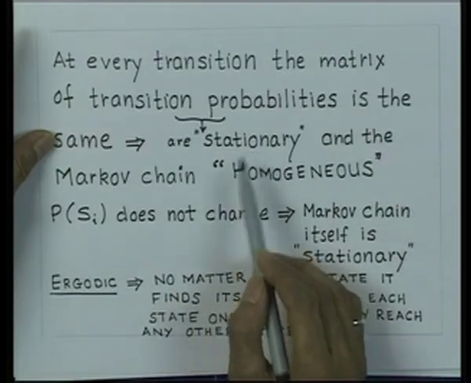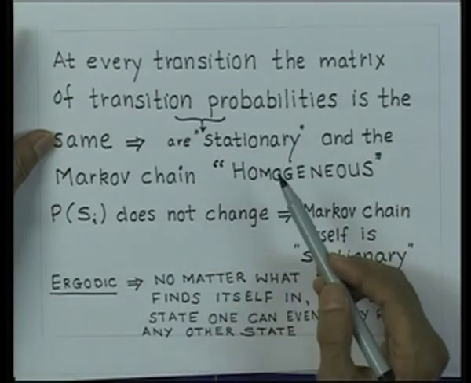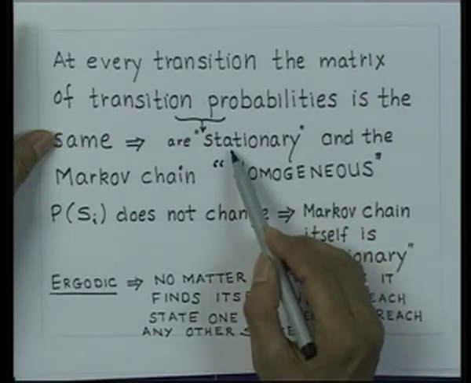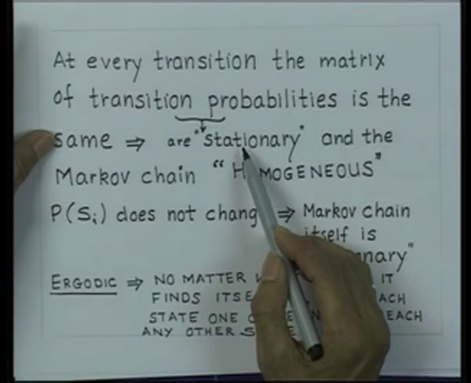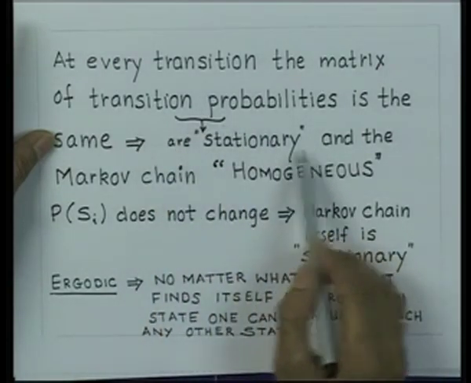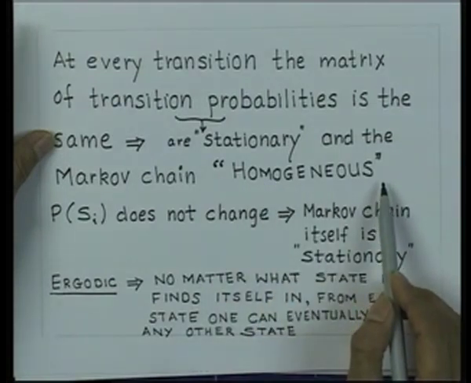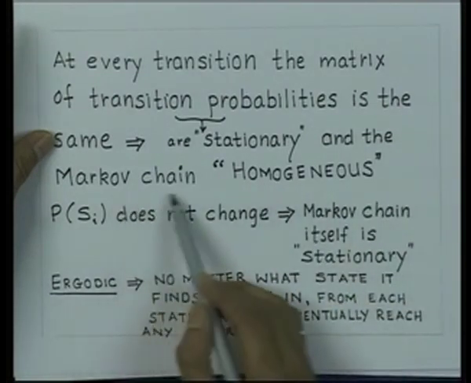We know that each state will have some transition probabilities, and if these transition probabilities are stationary, then the Markov chain is known as a homogeneous Markov chain or Markov source.